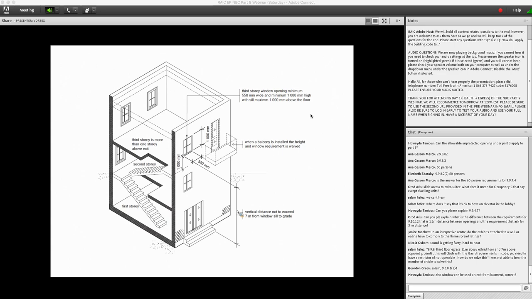So a Part 9 building is where your building is not more than 3 stories in building height, and the building area is not more than 600 meters square, you are permitted to apply Part 9 of the code. Again, that brings us to the items under Part 3 jurisdiction. So if your restaurant is an A2 occupancy, then that restaurant space would have to conform to the provisions in Part 3 of the code.